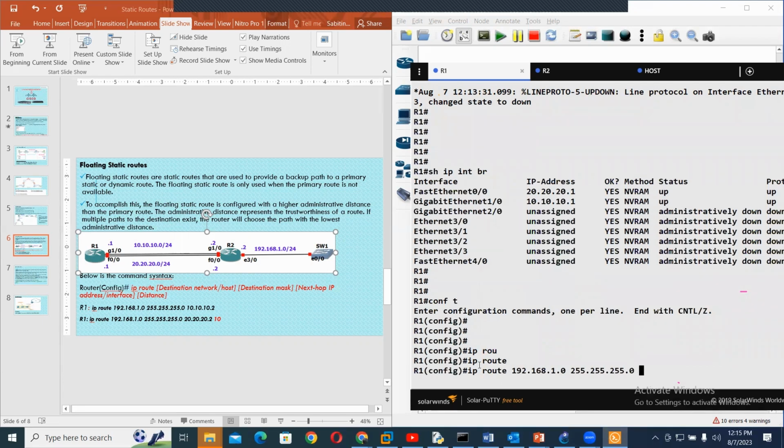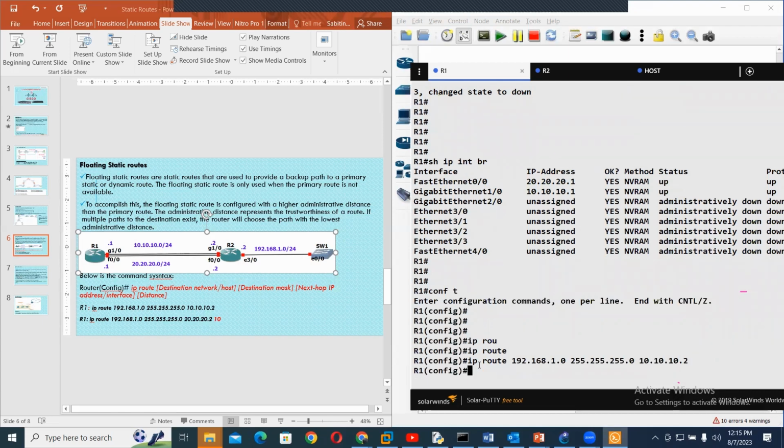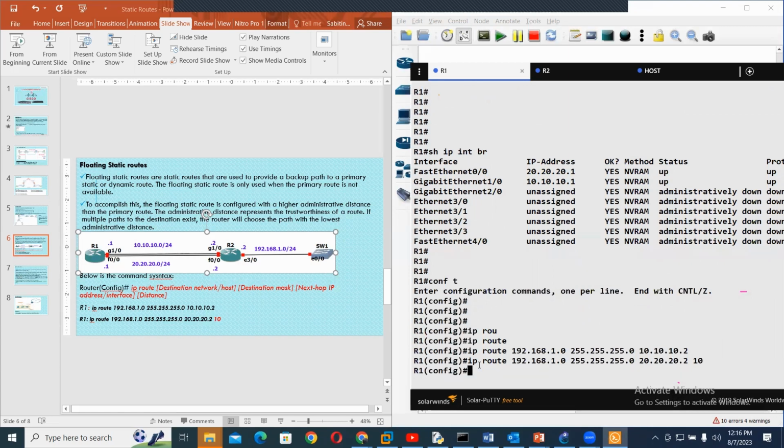Our next hop for the primary route is 10.10.10.2. Again, the same destination, but our next hop here is 20.20.20.2, and we want to make it a backup route. That's why we have an administrative distance of 10.